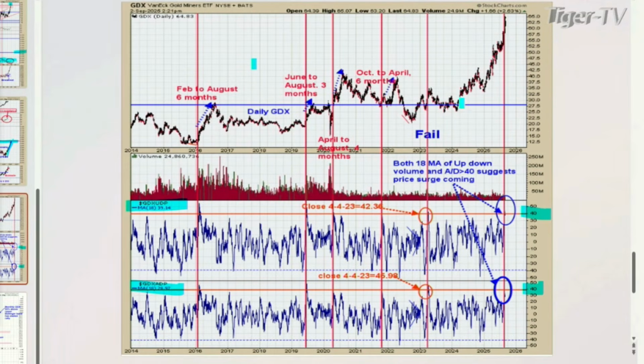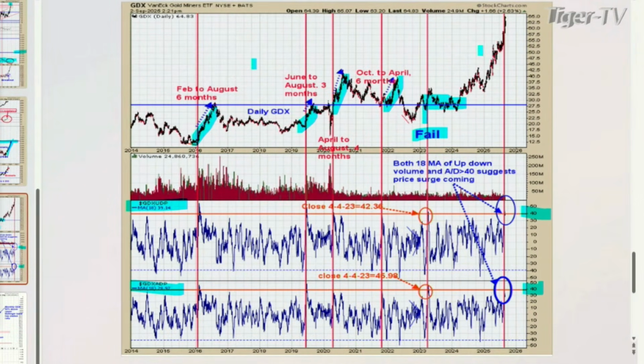A lot of times, this is the only failure right here, but the other 4 times, the market went up for another 6 months, this one went up another 3 months, this one another 4 months. This one, no, that was 6 months, and this one was like 4 months. And this one kind of just failed. It didn't really go down much, it built a base before it took off.